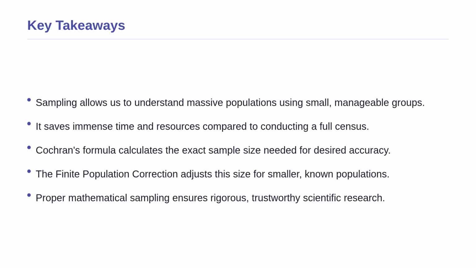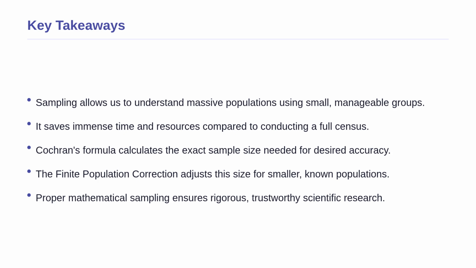We have covered a lot of ground today, so let us summarize the most important ideas. First, sampling is an essential technique that allows us to understand massive populations by examining a small, perfectly representative group, saving immense time and resources. Second, we do not just guess how many people to survey.